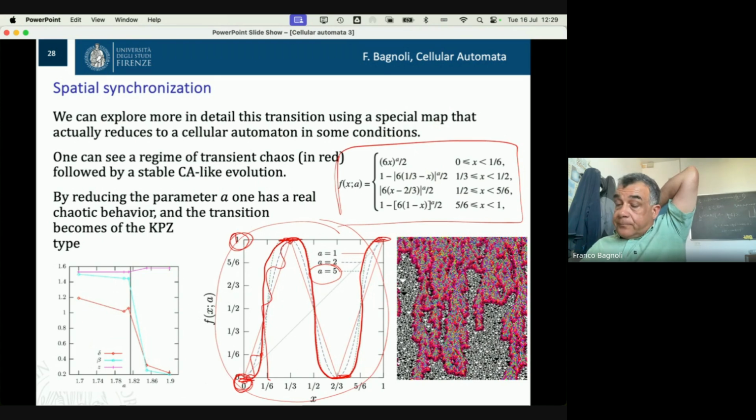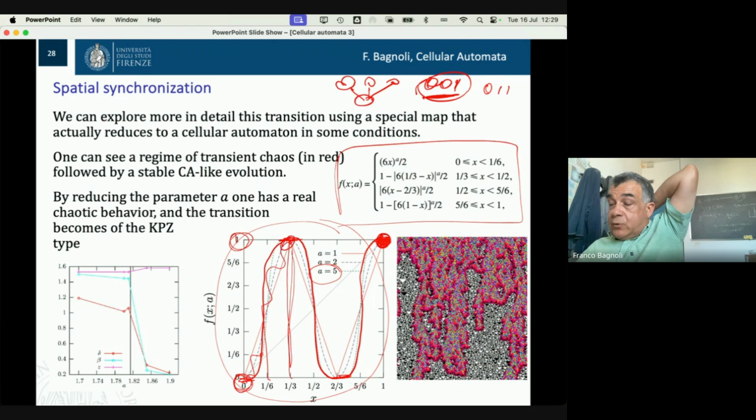But now, if you couple them with 1/3, 1/3, 1/3, you see that if the three are ones, the sum of the 3 divided by 3 goes to 1 again, so it stays here. If only one is 1, the sum of the 3 is 1/3, so it gives you again 1. If there are two ones, the sum is 2/3 and goes to 0. And if there are three zeros, you stay in 0.